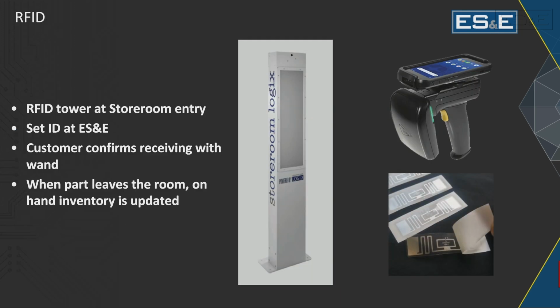Then the RFID, I mentioned this earlier. We have a customer that uses the RFID and we program it here. So we have all these stickers that have the RFID on them. We slap them on the box. We take that ID, attach it into the storeroom logic system, send the part to them. They receive it, use the data logic gun, receive it, put it on the shelf.